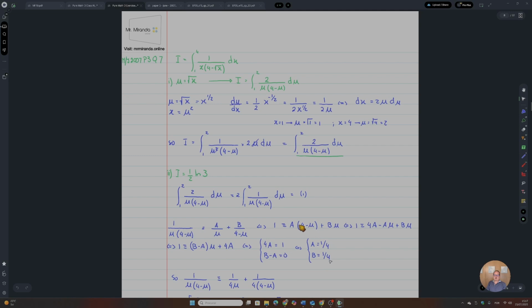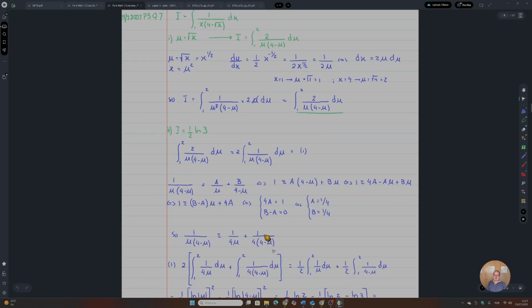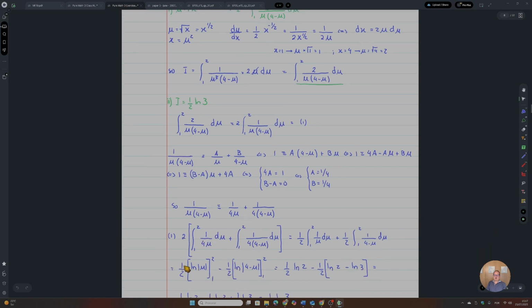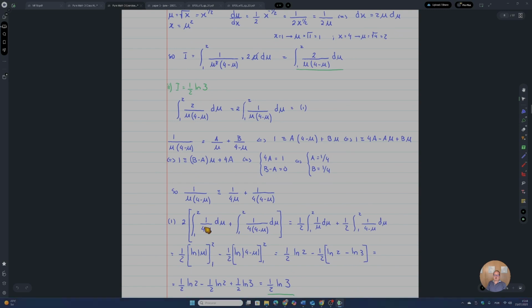All right, now substitute this back on over here on the partial fractions. So this will turn into that. So this integral over here, don't forget that too, is going to be equal to these 2 integrals, both multiplied by 2. And these now are simple to integrate, okay?